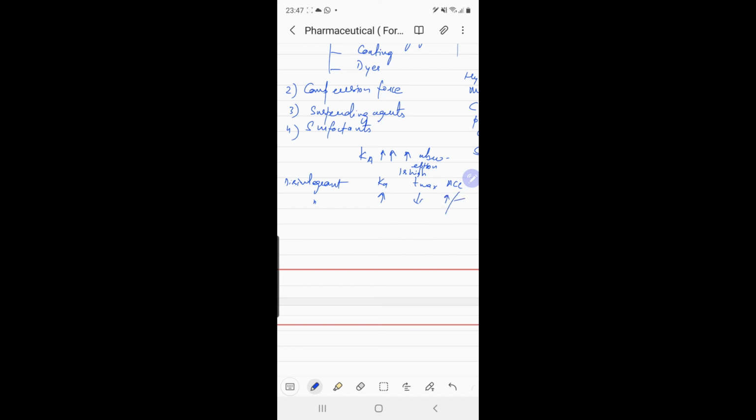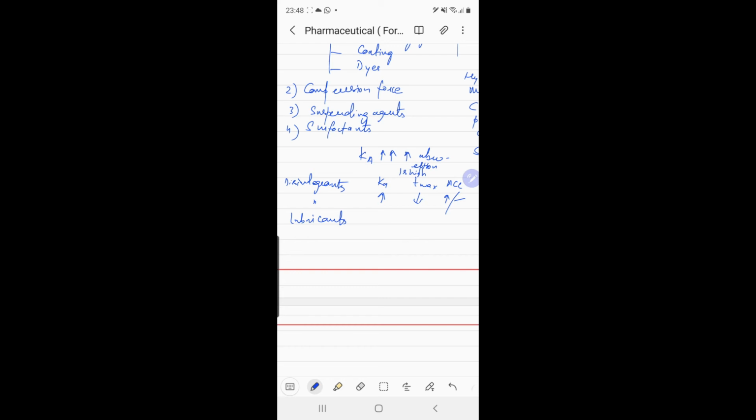Then if we talk about the lubricants, as I have told you, these affect the drug product wetting and its easy dissolution, so they delay the drug absorption.